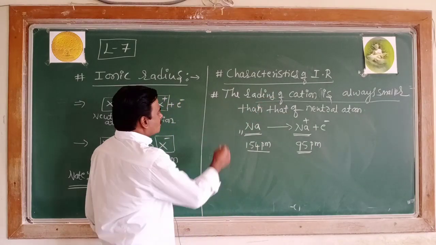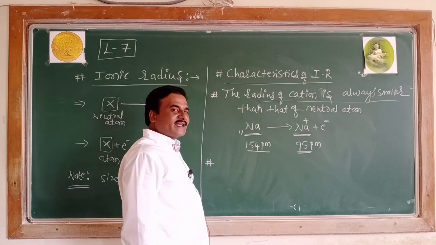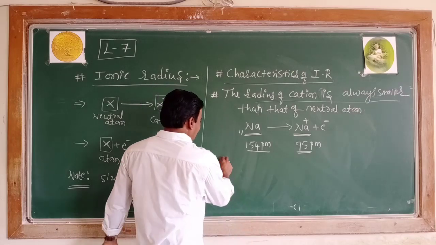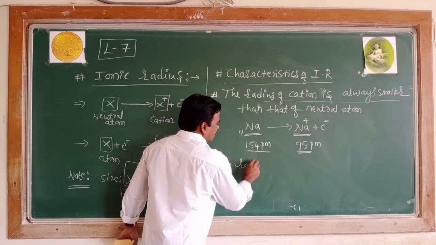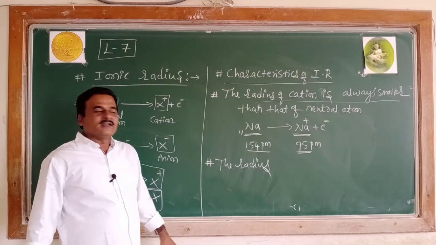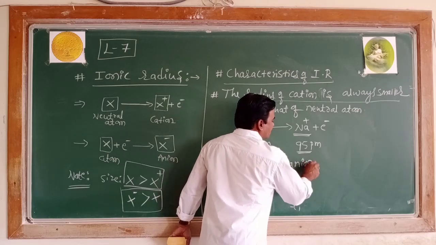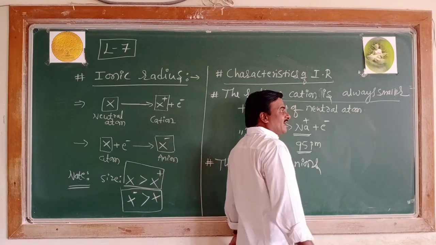Characteristic number 2. In contrast with the cations, what can you write for anions?